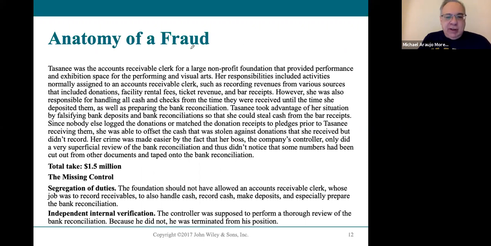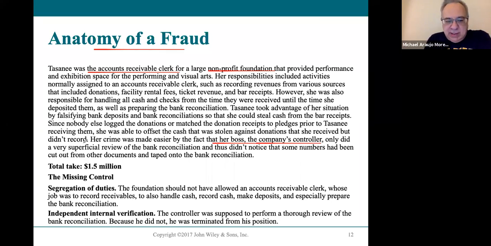You've seen a lot of frauds last chapter, so I'm not going to go into much here. But this person was an accounts receivable clerk for a nonprofit foundation, and she had lots of duties that gave her lots of different control over things. Her work was supposed to be checked and approved by her boss, who was the company controller.